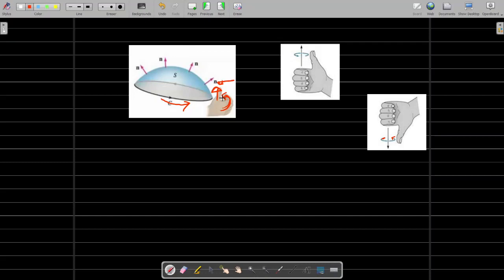I'll repeat once again: if your four fingers are facing in the positive direction of C, then your thumb will give you the direction of sigma if you have kept your hand like this.